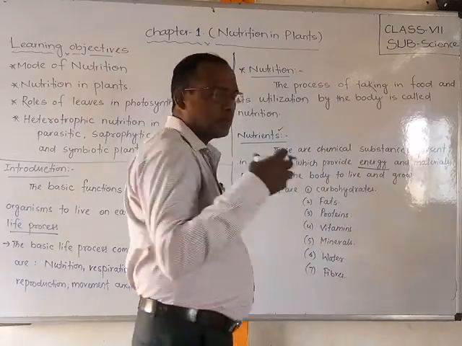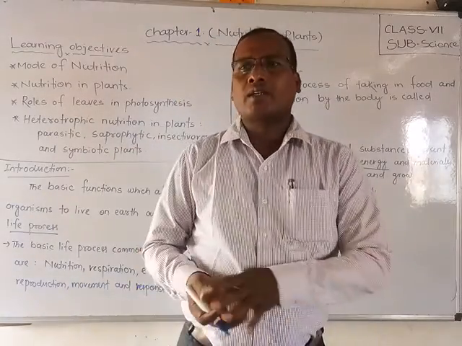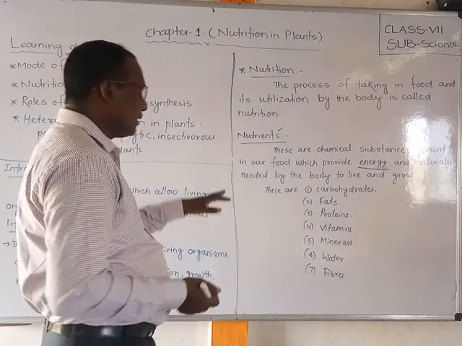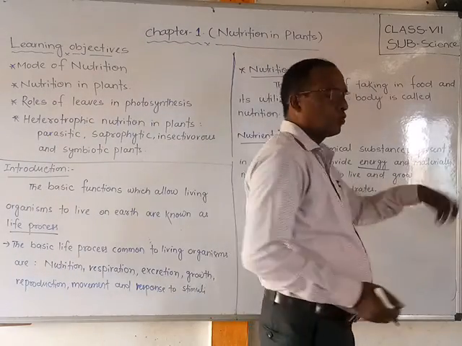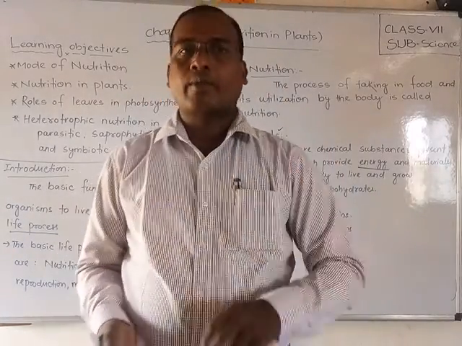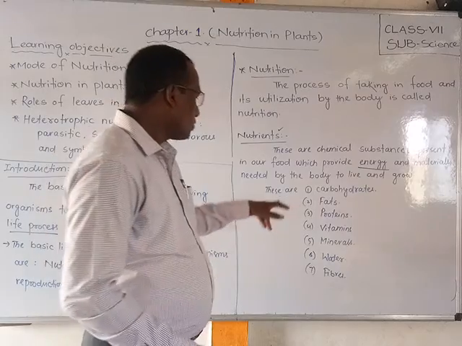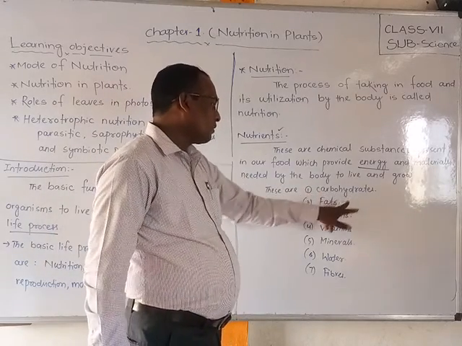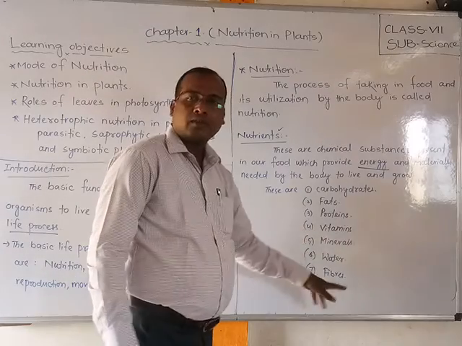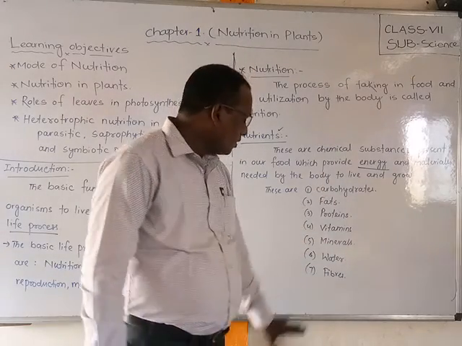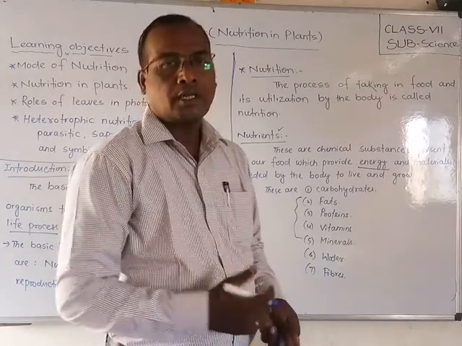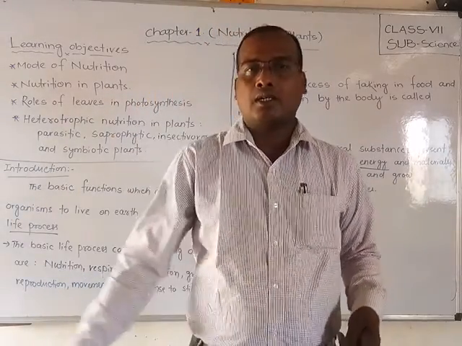Not only energy, whatever other things we need, it also helps, giving the body what it needs to live and grow. These are carbohydrates, fats, proteins, vitamins, minerals, water and fibers. Students, these 5 we are getting from the general food items, and also extra we are getting water and fibers.